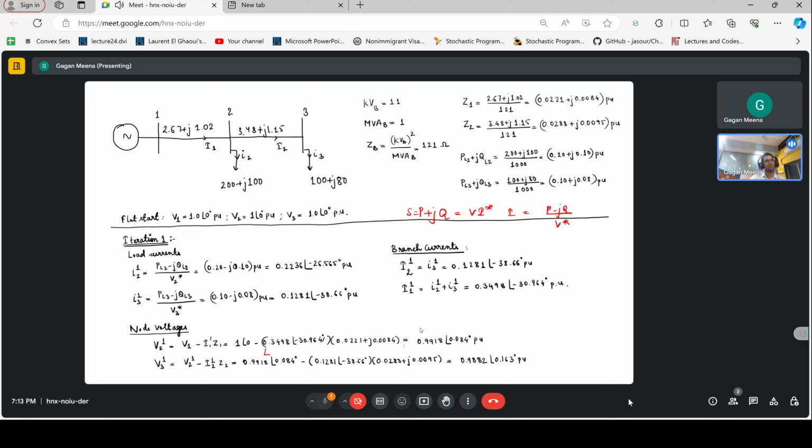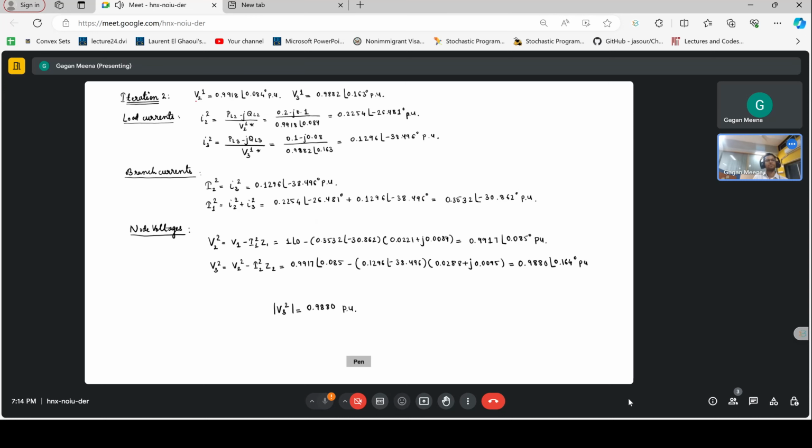You will get load currents I2 and I3. For the branch currents, I2 is the same as I3 and I1 is I2 plus I3. So after two iterations we have to report the voltage. V2 is V1 minus I1 Z1, V3 is V2 minus I2 Z2.